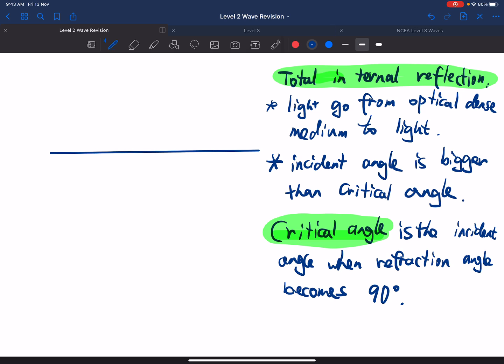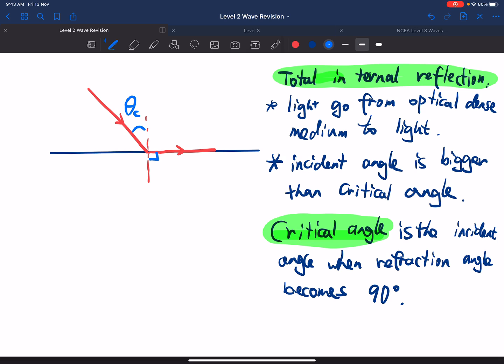Okay, and then I'll quickly draw a diagram. What does it look like? If it's traveling at the critical angle here, and then the refraction angle becomes 90 degrees. So there's a 90 degrees over here. There is a critical angle over here. Cool?